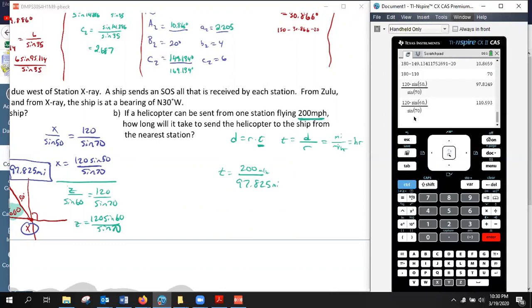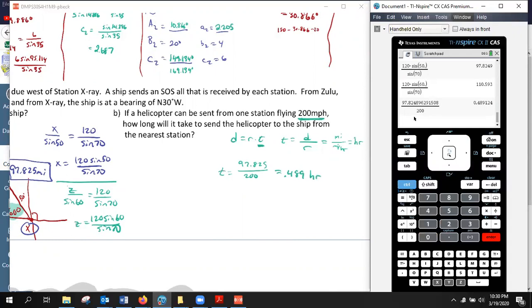I was going to say something wasn't quite matching up. Dimensional analysis actually has a use. Let's go ahead and rewrite that. So our time is going to be our distance, which is the 97.825, over the rate, which is the 200. It makes a little bit more sense to me now that if we divide it by 200, it's going to give me 0.489 hours. That's my unit.